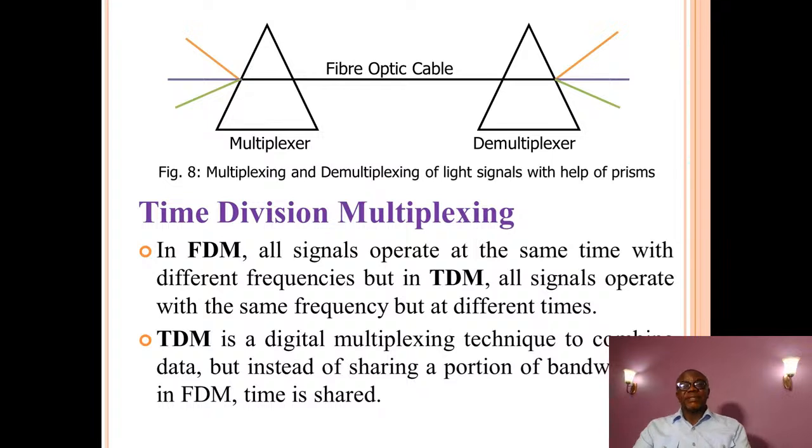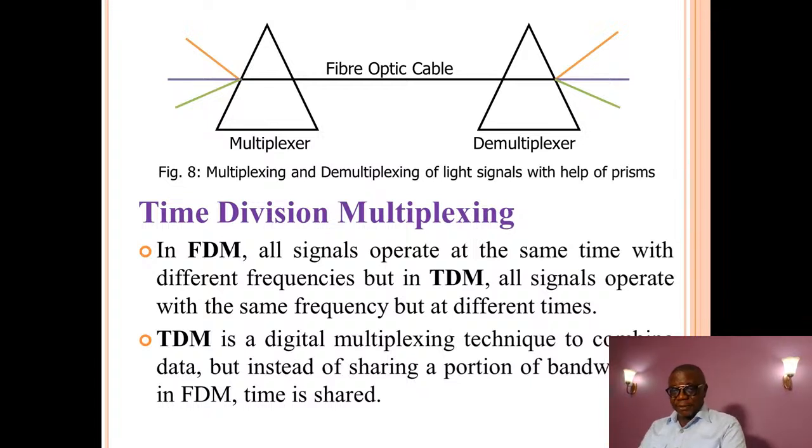Now, the multiplexing is mainly used on a time division basis. So we say in the FDM, frequency division multiplexing, all signals operate at the same time with different frequencies. But in the TDM, all signals operate within the same frequency but at different times.